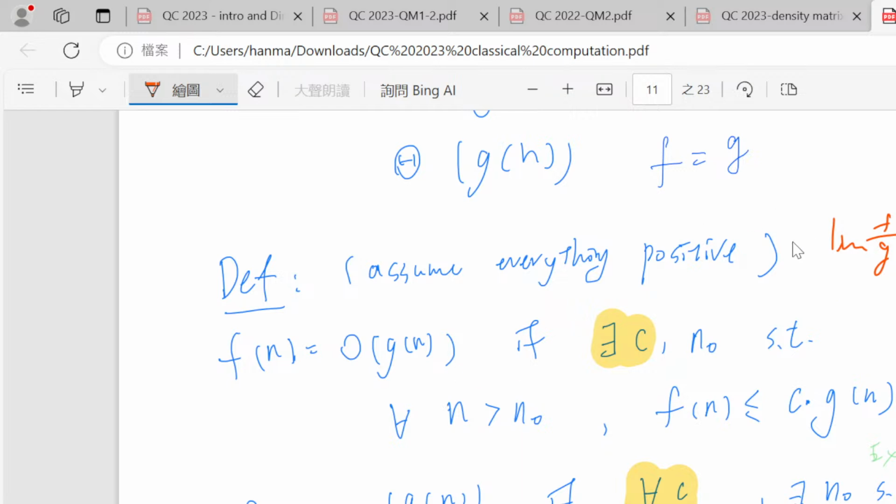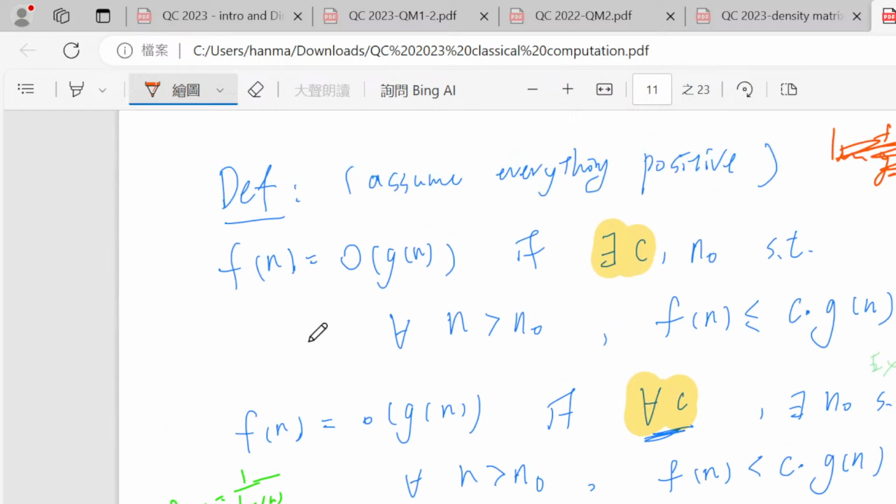If the limit exists, then it satisfies this, but sometimes the limit does not exist. This is a bit funny. Here we only need to have this upper bound, and the limit doesn't need to exist because f might be oscillatory.